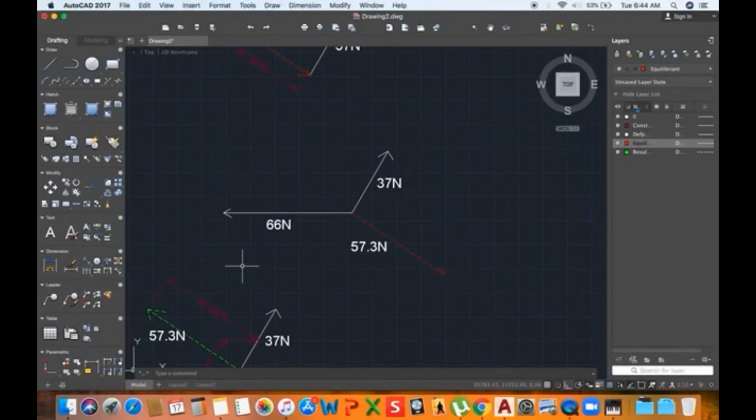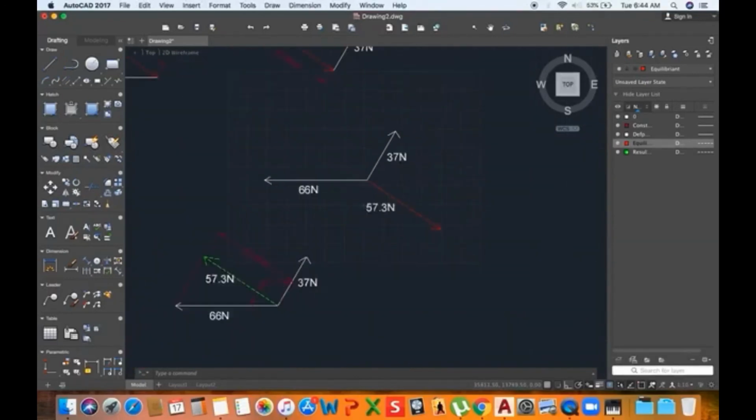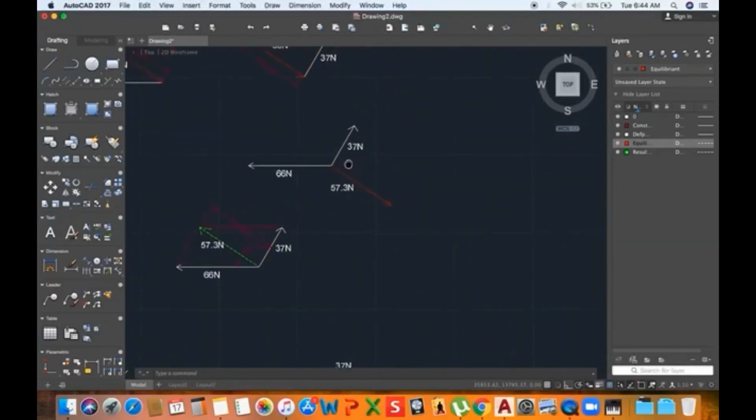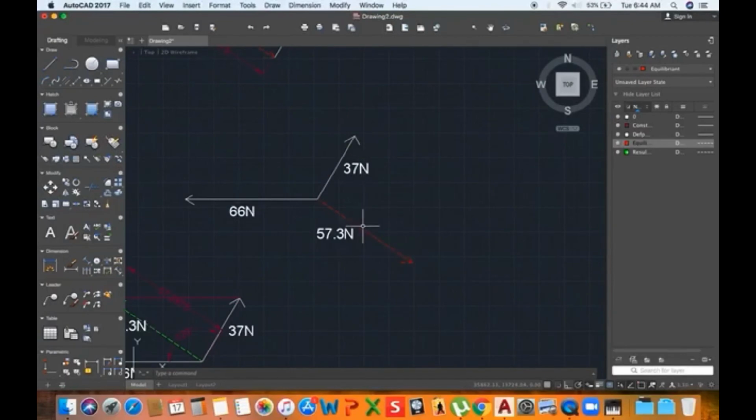And you can do that with any of the two forces. If you find the resultant of these, you will get a direction like this and a magnitude of this. And then this force will be the cancelling force.